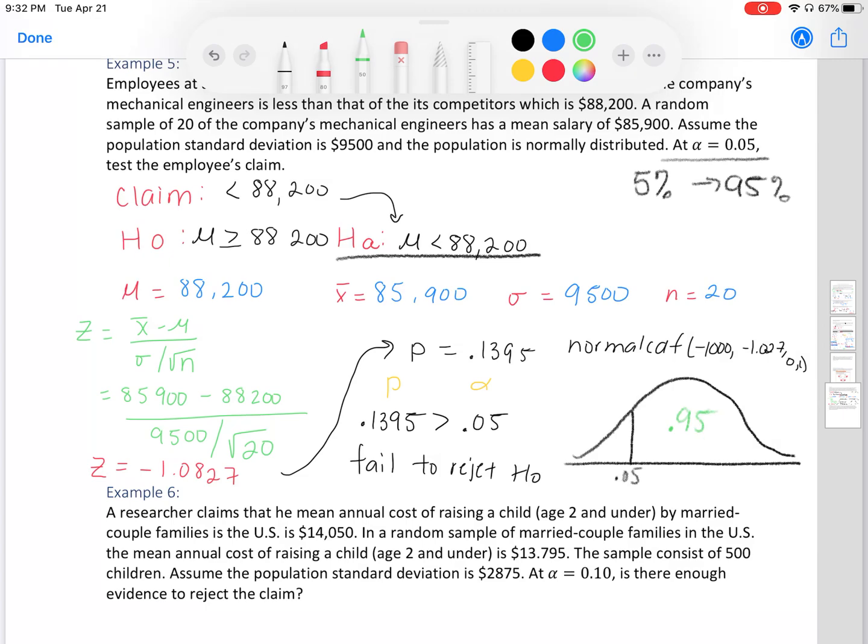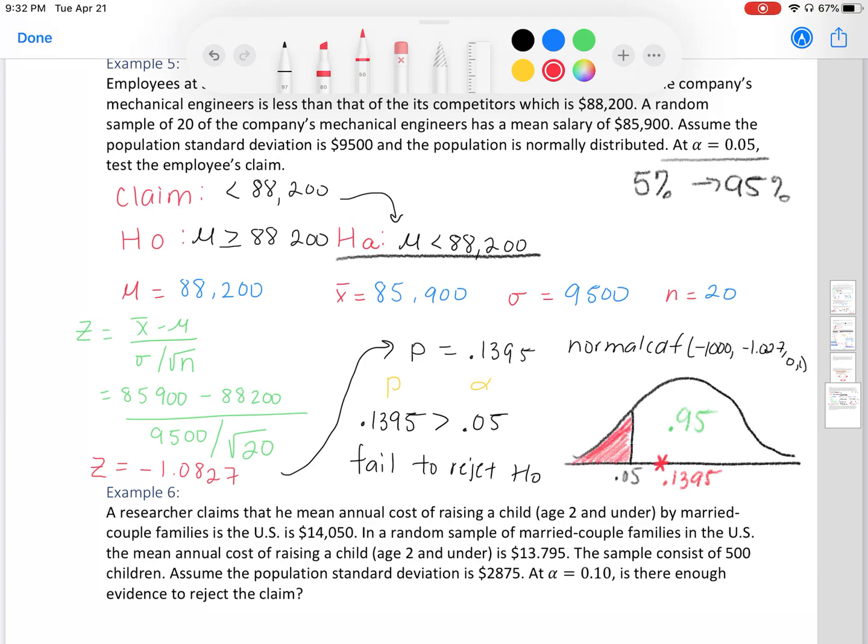So where does our p-value fall? Our p-value gives us a percent. So we have a p of 0.1395, which is bigger than 0.05. It's not precise, I'm just showing it's bigger. So therefore, it's in the safe zone. So we would fail to reject. We don't have to reject it. We would reject it if it fell in this danger zone.